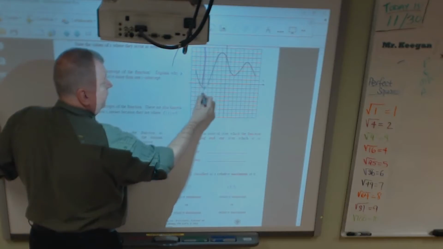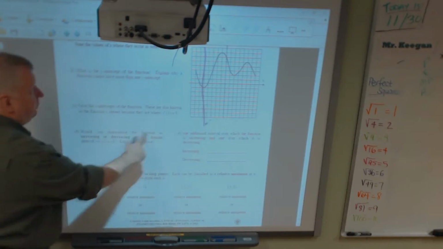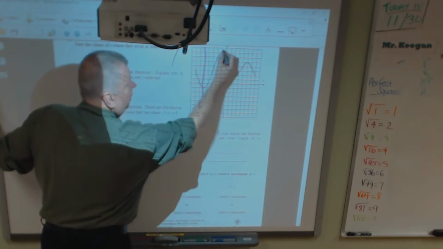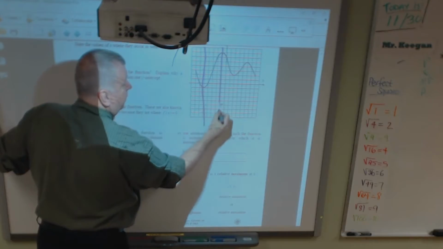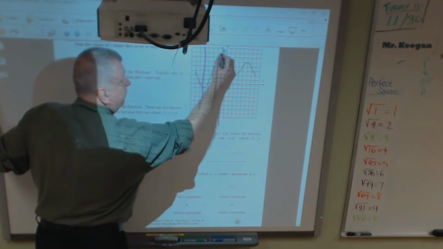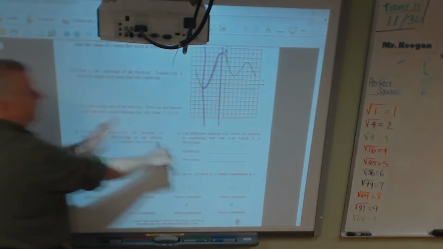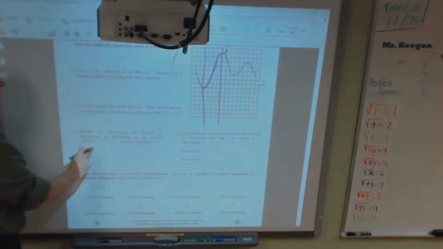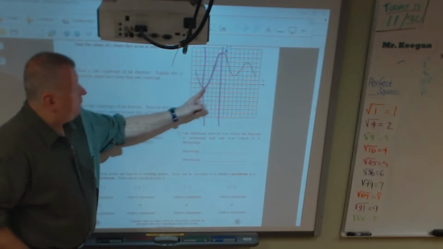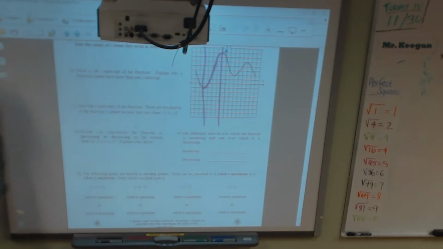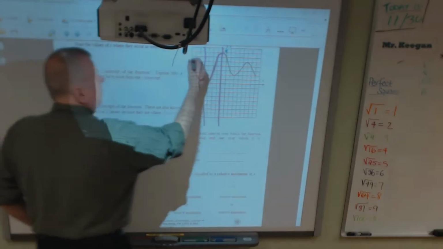This is where x is negative 5, and we're going up to where x is negative 1. So we're just looking at this piece of the graph right here. We're not looking anywhere else right now for this question. Would you characterize the graph as increasing or decreasing? Increasing, because it's going up from left to right. Good.